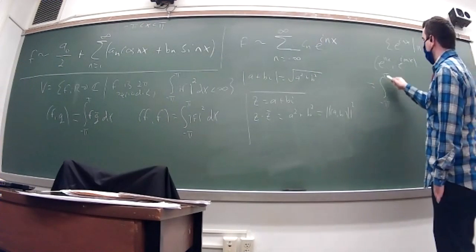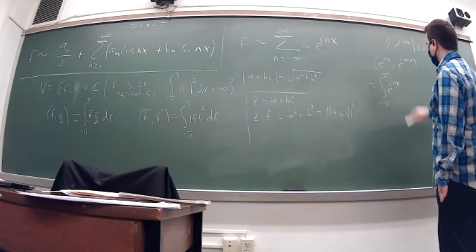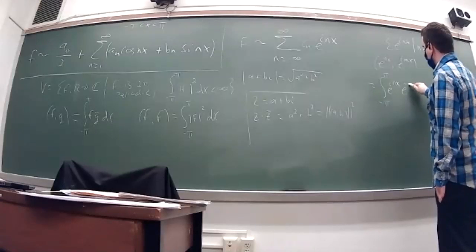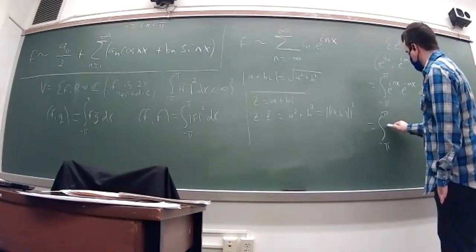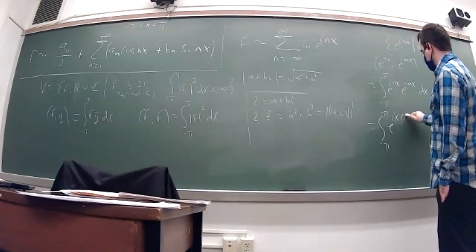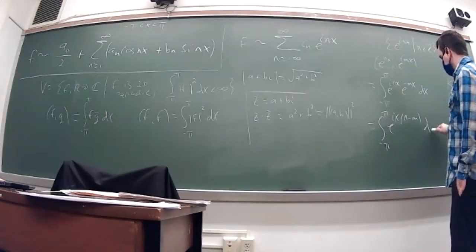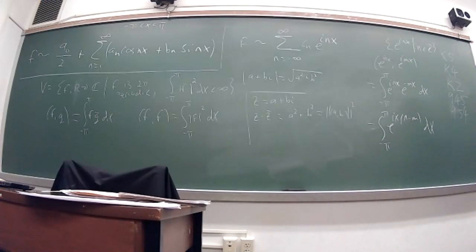So now this is equal to e to the i n x multiplied by its conjugate, which is e to the i minus m times x, which is now e to the i x times n minus m. And you can show, with the same argument, breaking this up into sines and cosines, that this is zero as long as these two numbers are different.